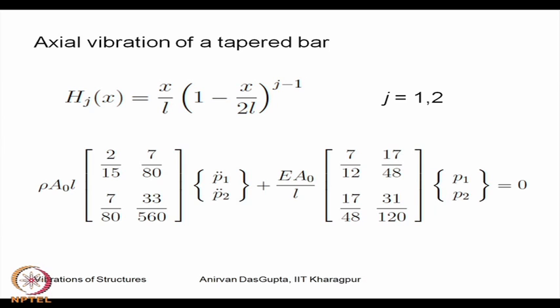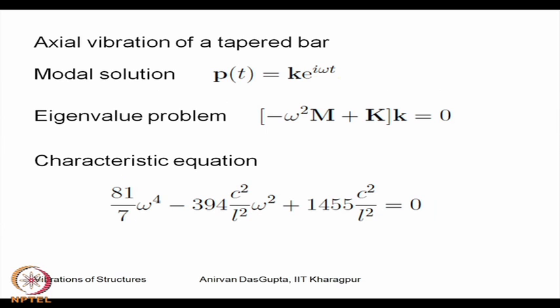The discretized equation of motion is shown below. Once you have the discretized equations of motion, then the standard procedure follows, which means that you assume a solution structure as shown here, you come to the eigenvalue problem and finally the characteristic equation.